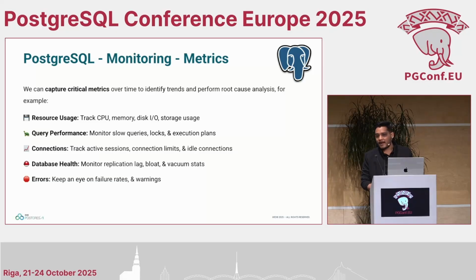Then we can track the connections, how many users or clients are connected to that database, or database health. In case we are deploying our system as high availability, we can monitor the replication lag, etc., and set thresholds based on that. Then we can keep an eye on errors. We can also run our own custom SQLs to retrieve custom metrics.